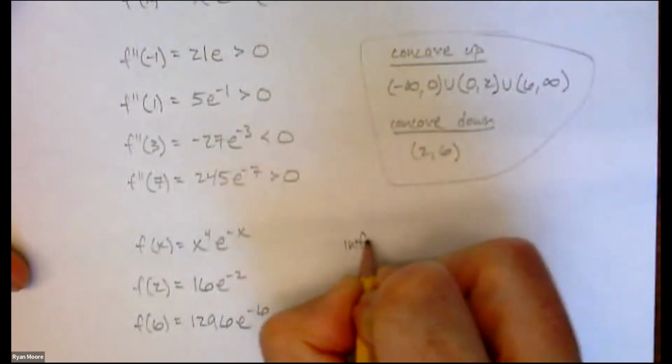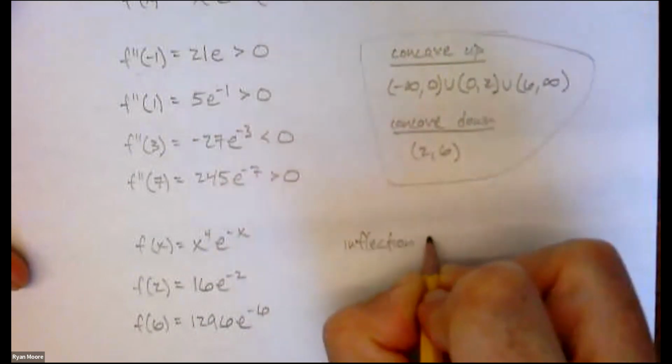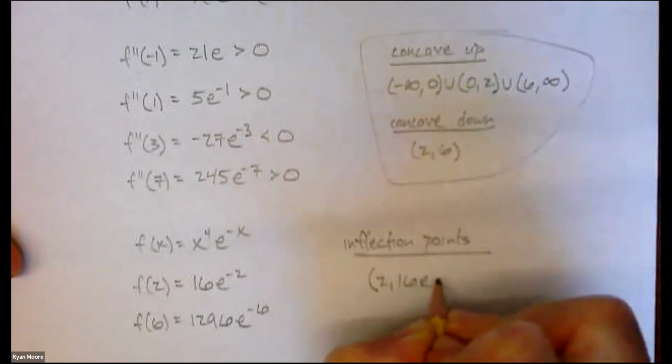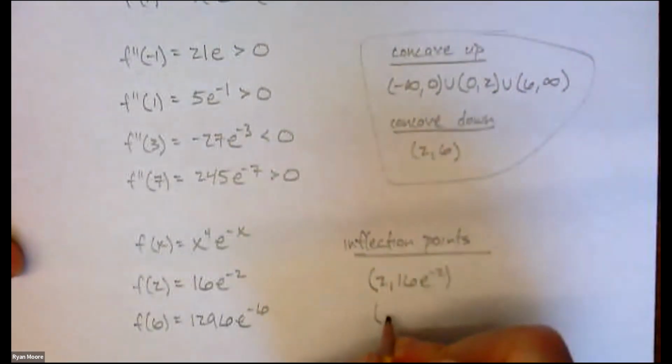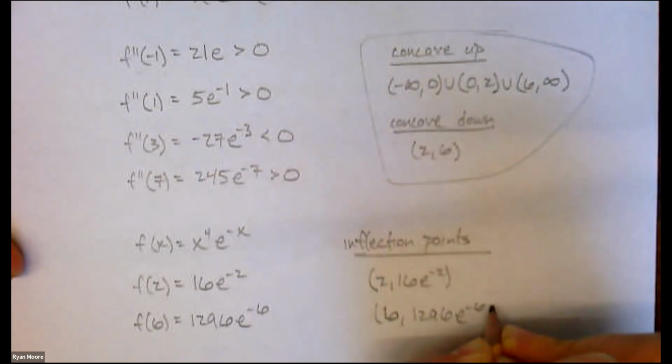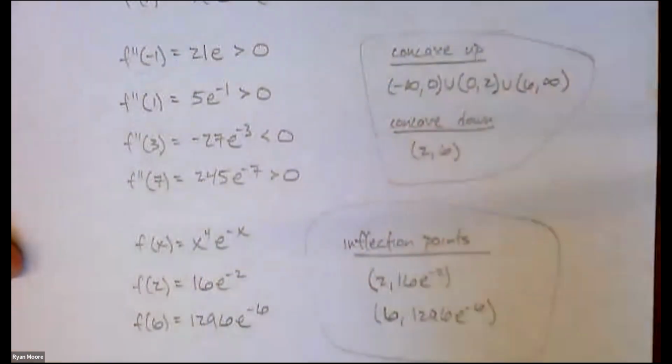So we'll just say inflection points. We don't have to distinguish which type they are. There's only one type. There's one at 2 comma 16 e to the negative 2, and there's one at 6 comma 1296 e to the negative 6. There we go.